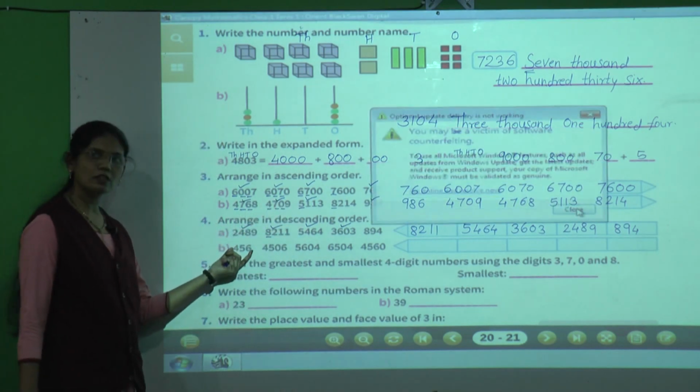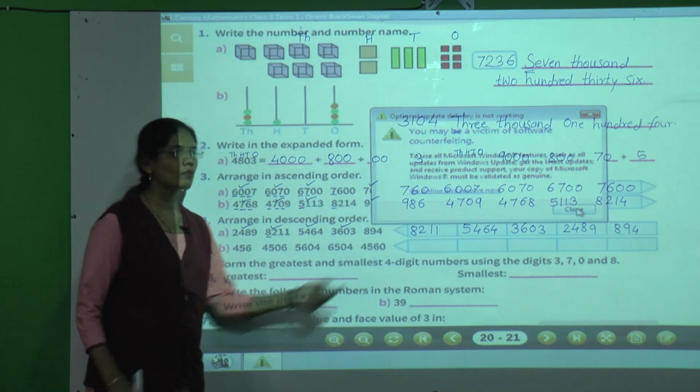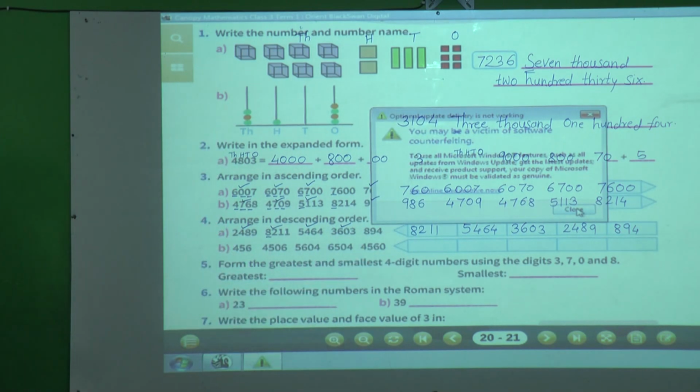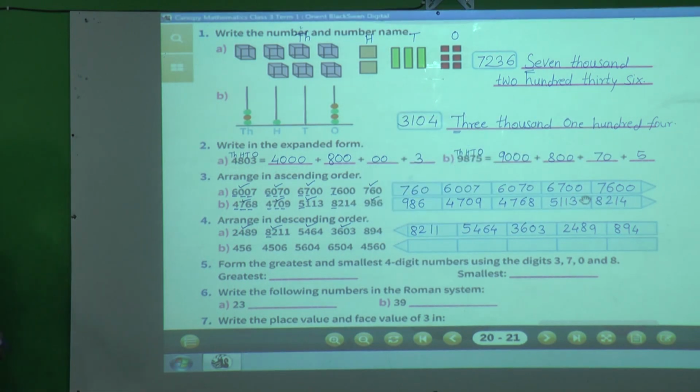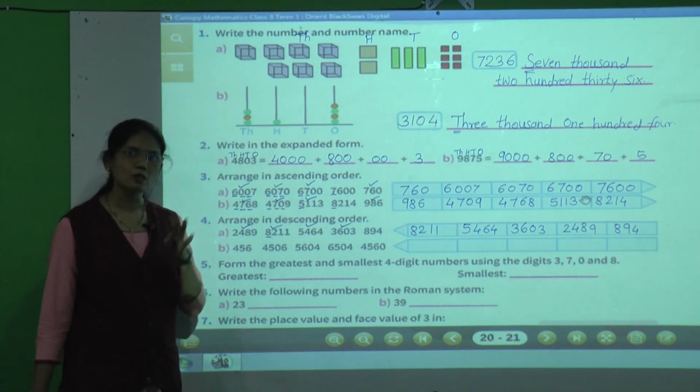Now this is a 3-digit number and the remaining are all 4-digit numbers. We have to arrange the numbers in descending order. Descending order means decreasing, from biggest to smallest.